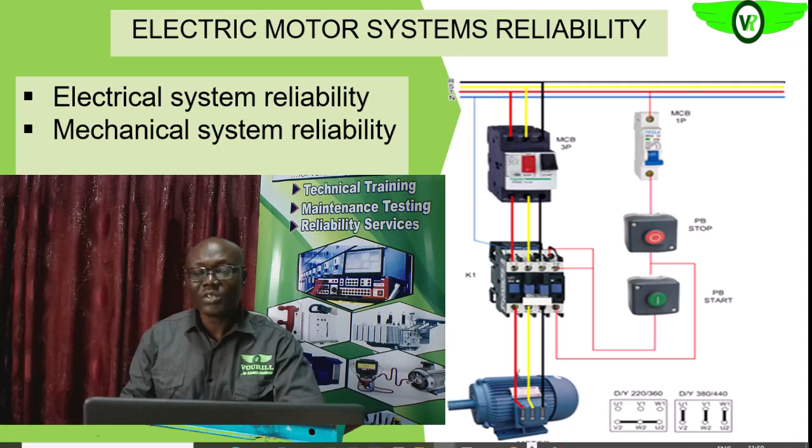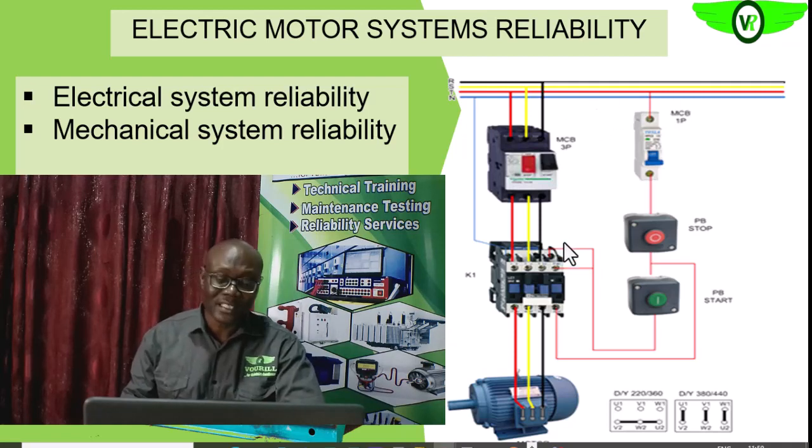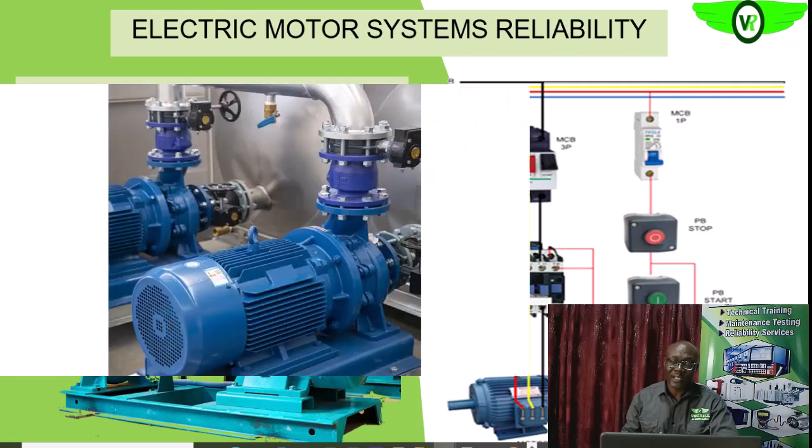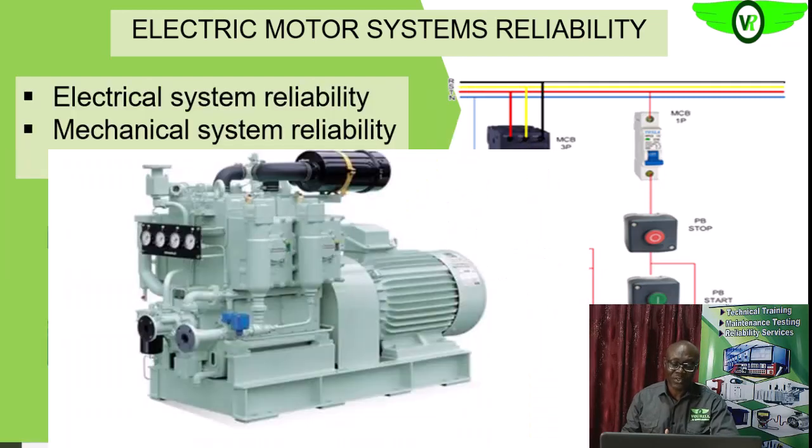And then we are also going to consider the reliability of the mechanical part, that is the driving load of the electric motor system. So here we have a pump, could be a pump, could be a fan, and it could be compressors, whatever that is driven by the electric motor.